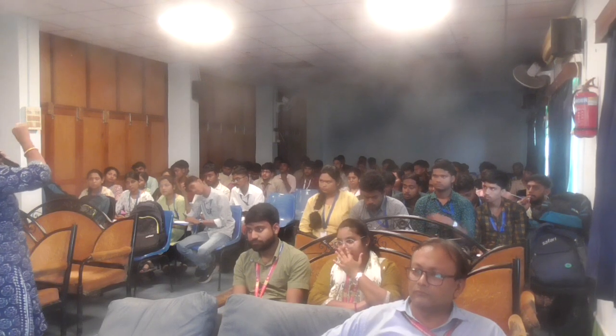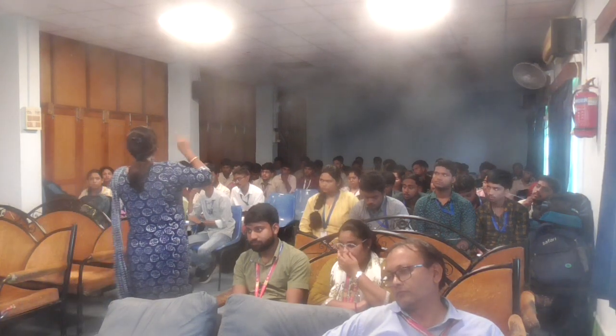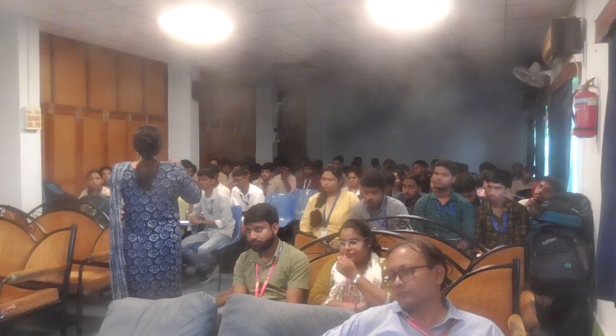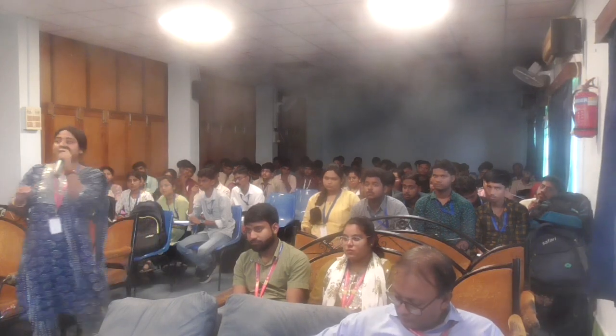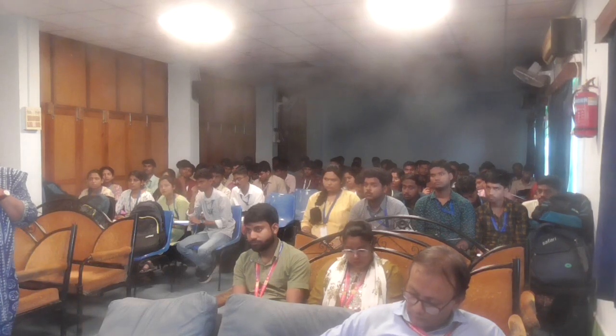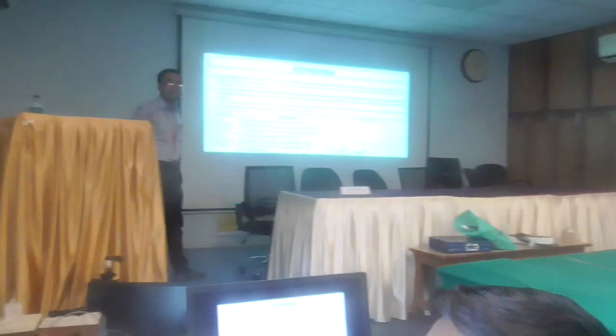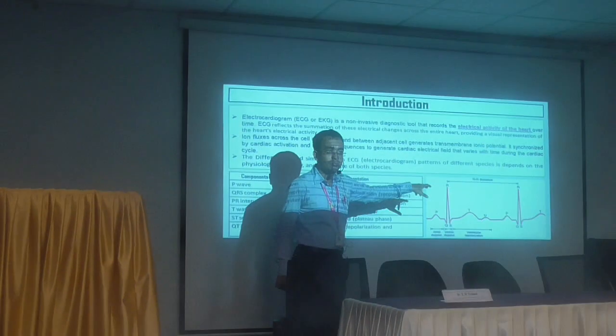So after that, why are we talking about ventricular depolarization but not atrial repolarization? That is the question. Okay. Atrial repolarization takes place, but it is masked by the QRS complex.